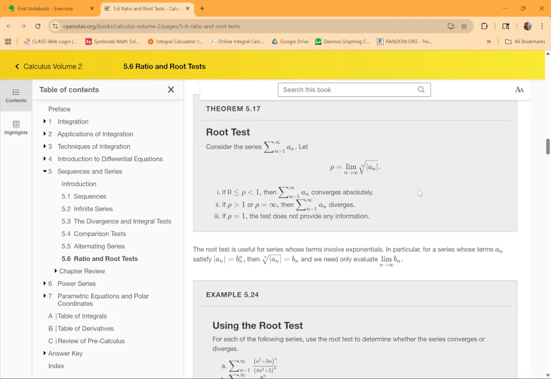If it is greater than 1 or infinite, then we will say it diverges. And similar to the ratio test, if it is exactly 1, then it is inconclusive. We can't conclude anything here.